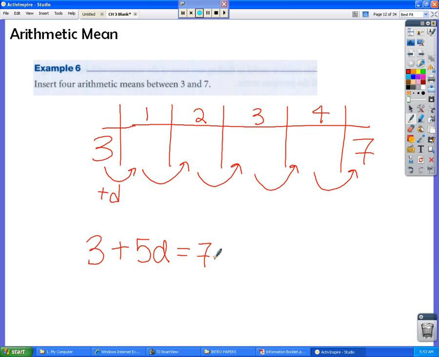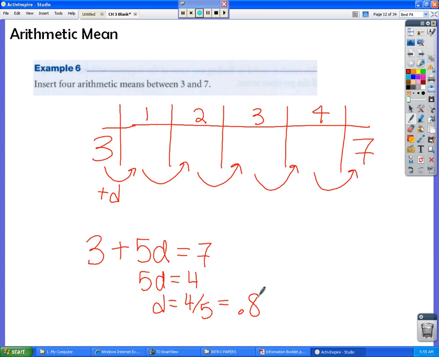So then I'll just find the common difference that is in between. So it would be 5d is equal to 4. So d is equal to 4/5, which is the same thing as 0.8. So I'm going to add 0.8 each time.